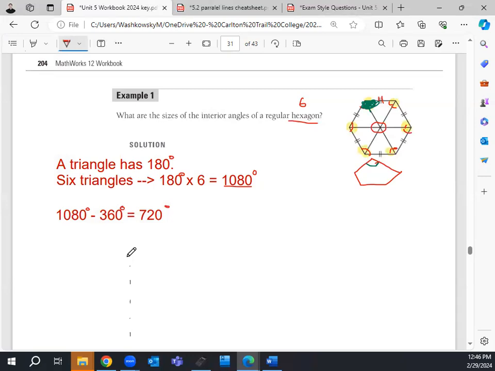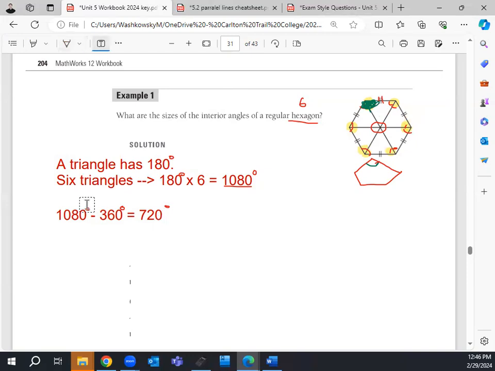Would you just divide 720 by 6? Yeah, that's exactly it. I have 720 degrees to work with here, and I have 6 identical angles.